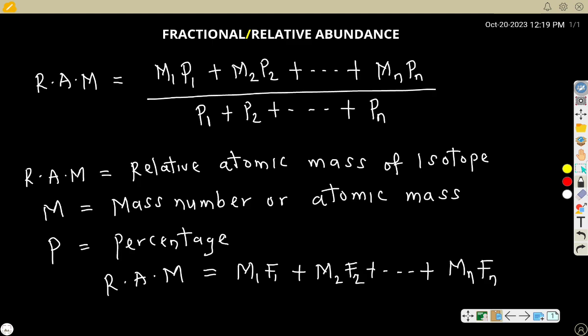In case the abundance is not in percent, it can be in fraction, where F is the fractional abundance. Now let's see how we can use this formula to solve a question.